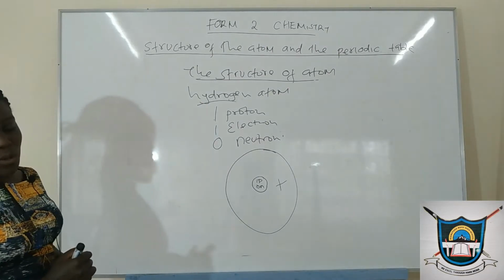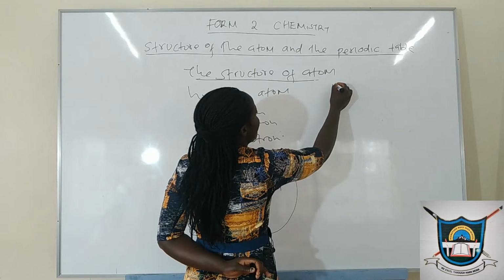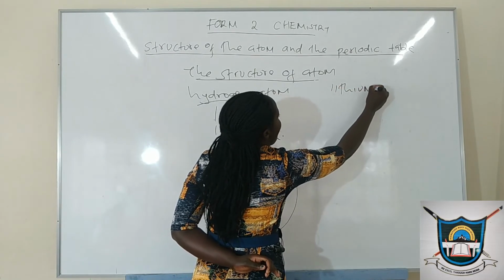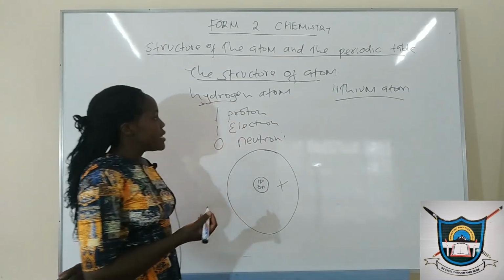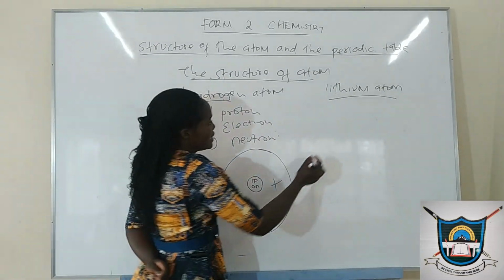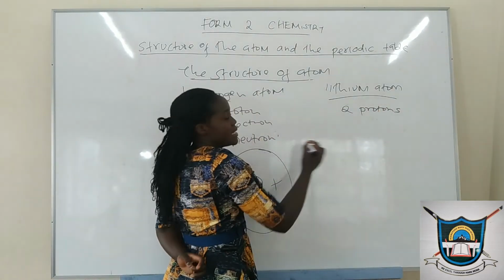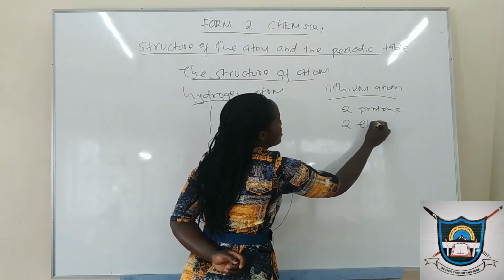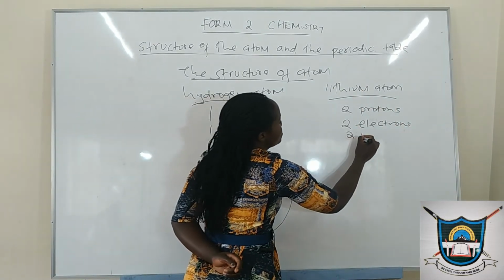So the second one is lithium, the structure of the lithium atom. Lithium has 2 protons, 2 electrons, and 2 neutrons.